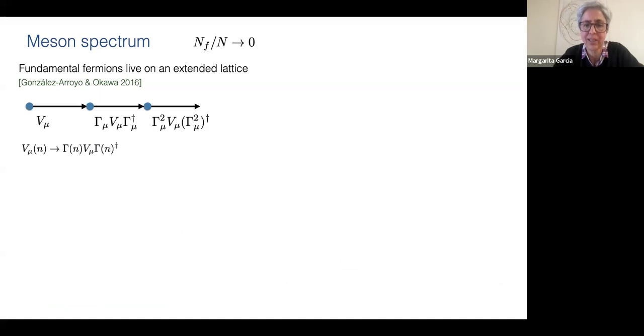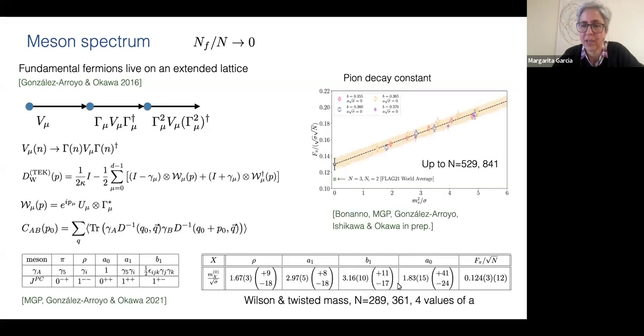For instance, I can show you the pion decay constant as a function of the pion mass extrapolated to the chiral limit. And this is the result, for instance, for n equals 3 with 2 flavors that is in the FLAG world average value. The difference is not very large, but these are the kind of things that we can do. And in this plot, I have included results that go with n up to 529, 841.